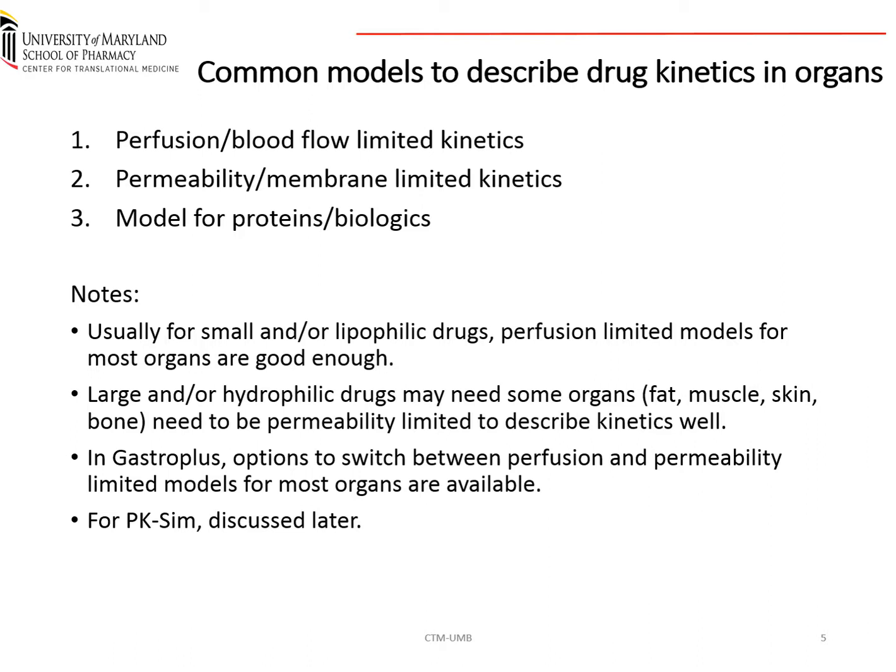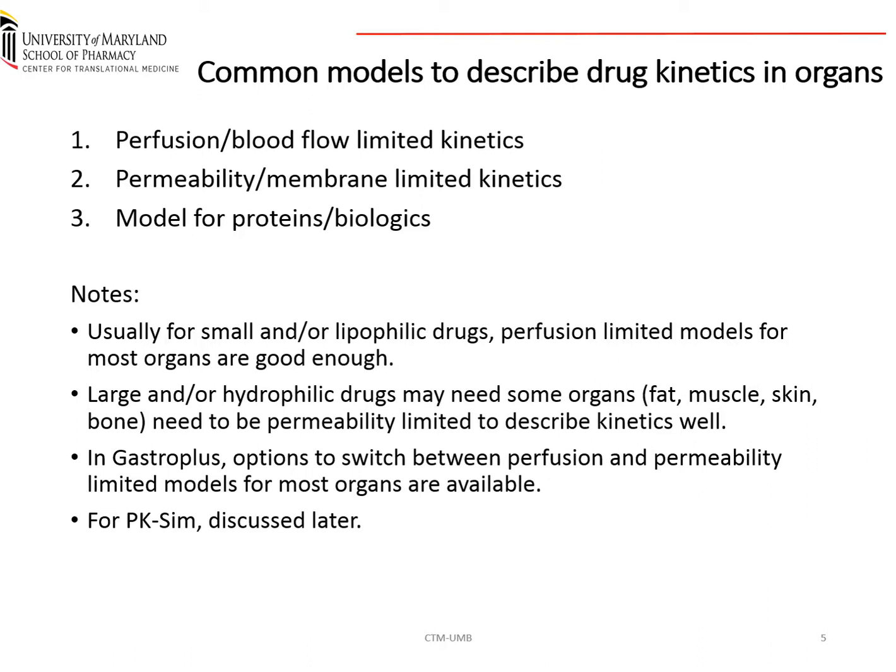So for the purpose of understanding the theory, we want to simplify the subdivision of each organ. So in general, for the organ you consider the blood vessels, so the vascular portion of the tissue, and the tissue mass basically.